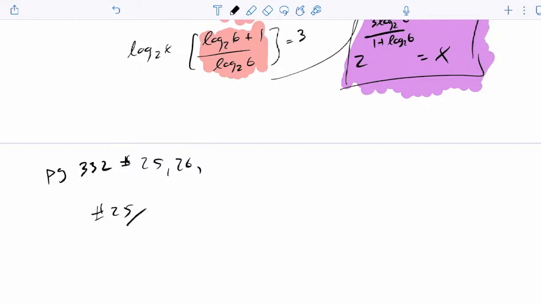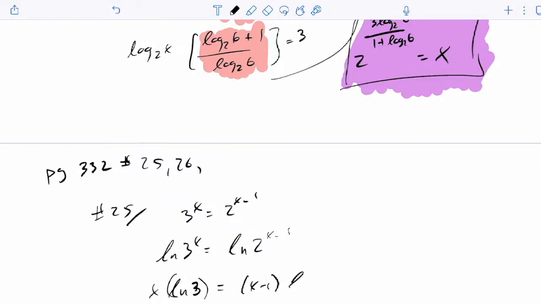If you look at 25, it's 3 to the x equals 2 times x to the negative 1. You can just take the ln or log of both sides. You can take any base you want of both sides, but then you end up getting x ln 3 is x minus 1 ln 2. So then I got x ln 3 is x ln 2 minus ln 2.